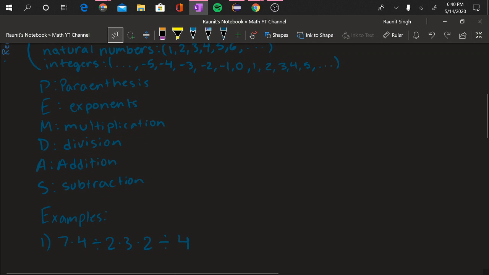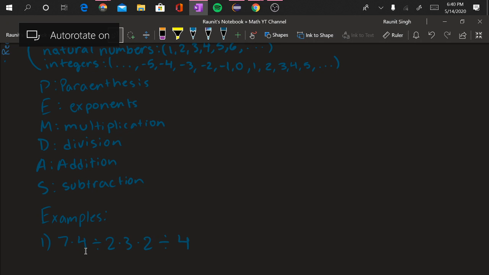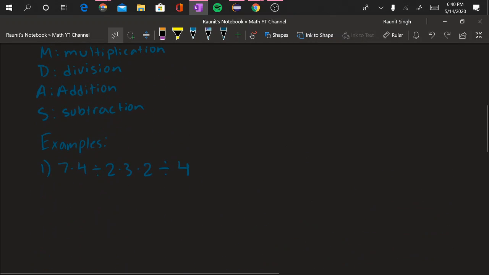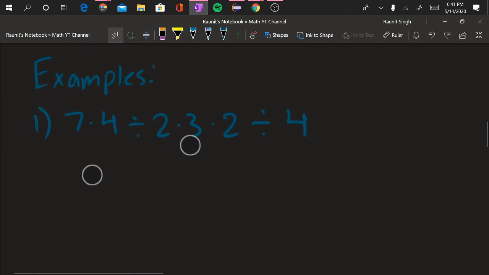In the next 4 examples that I have, we will use PEMDAS to solve them. Alright, let's get into it. If you know how to do it and just want to check your answers, you can pause the video and do it by yourself. If not, I will do these examples with you.